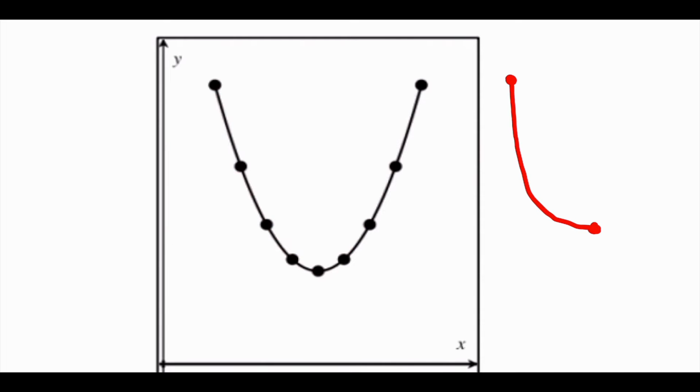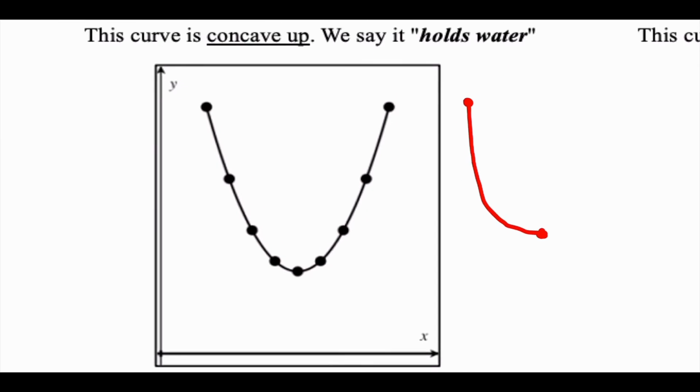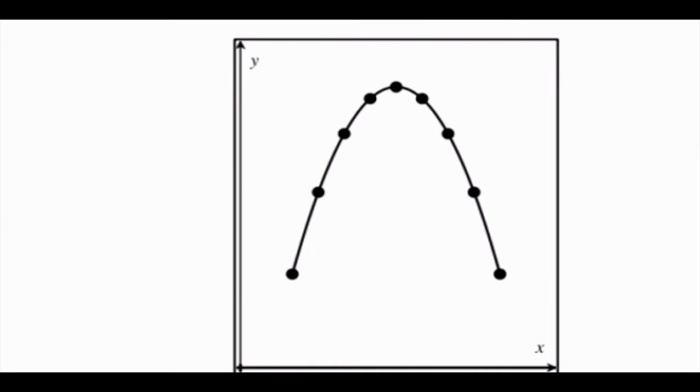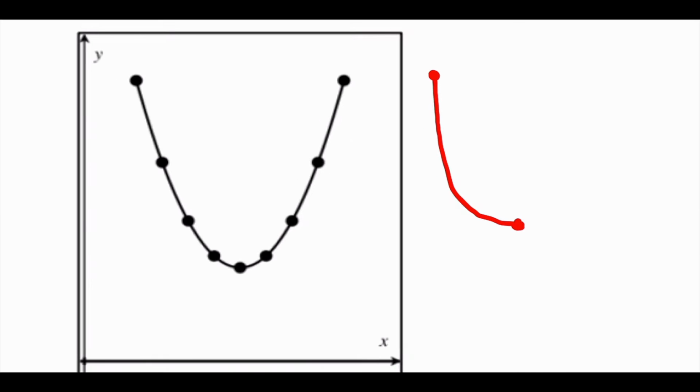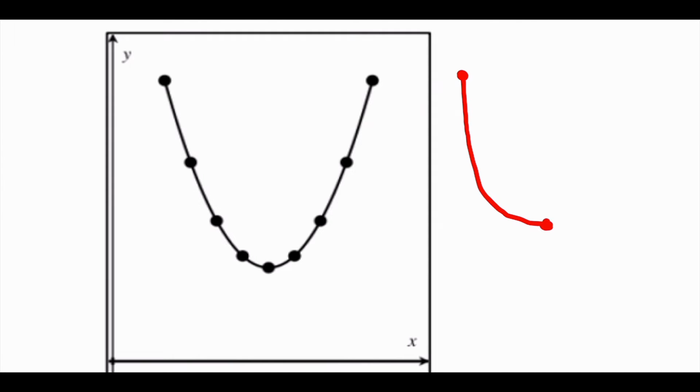But what is it always going to produce? What is this guy going to produce that this guy won't? What does this guy have that this guy doesn't, or vice versa? There you go, maximum, minimum, right?